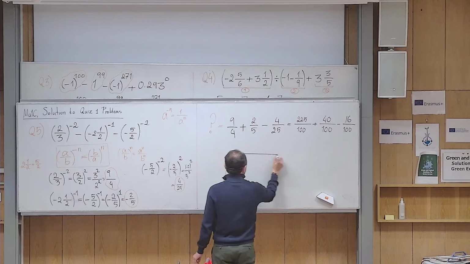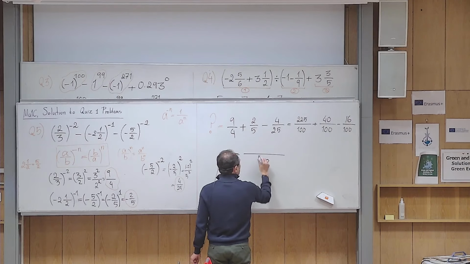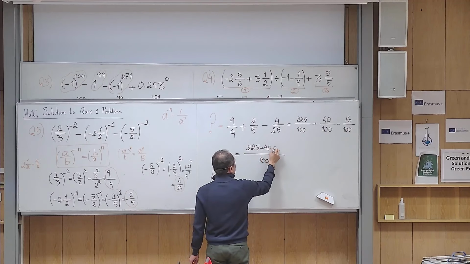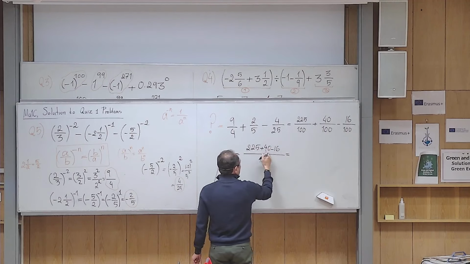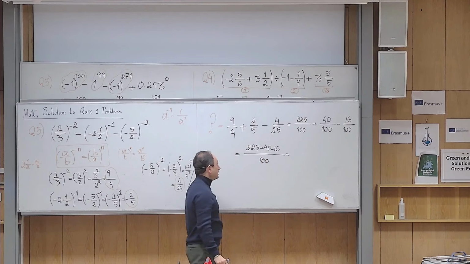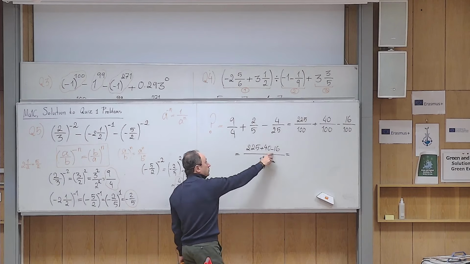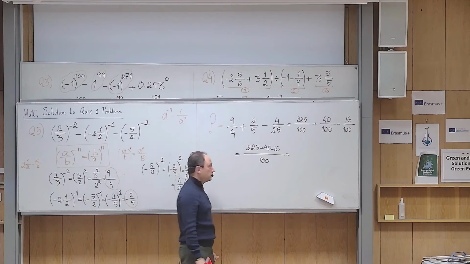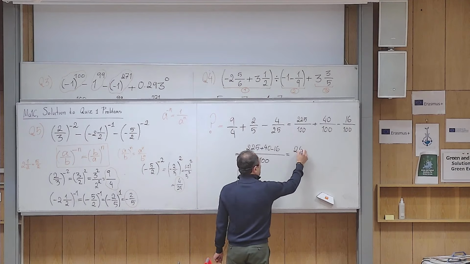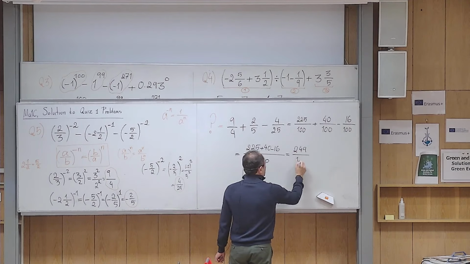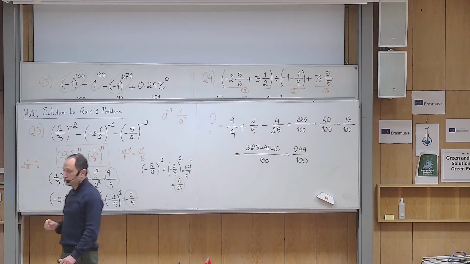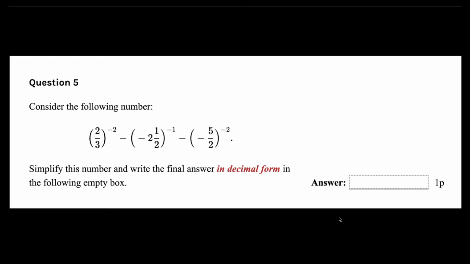So I put the common denominator 100, then I have 225 plus 40 minus 16. So 40 minus 16 is 24. 24 added to 225 is 249 divided by 100. But you remember the question is asking you to put it in decimal form.